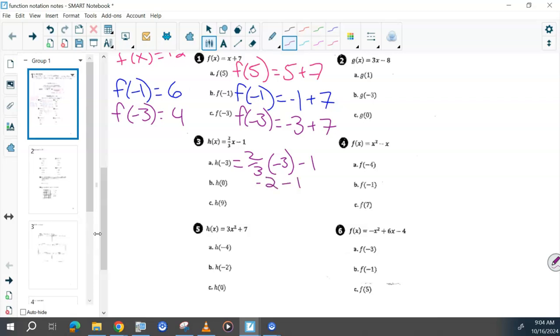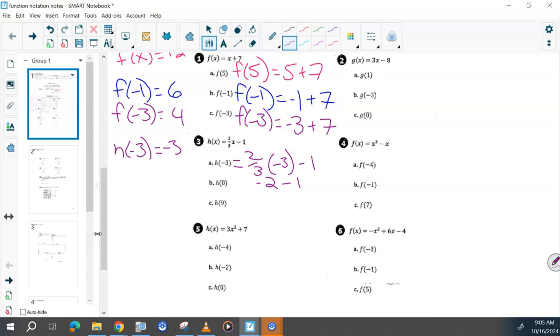And then h of negative 3 is what? What is that final answer? Negative 3. H of negative 3 equals negative 3.